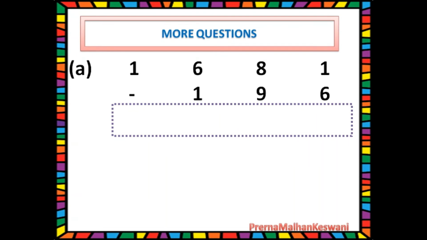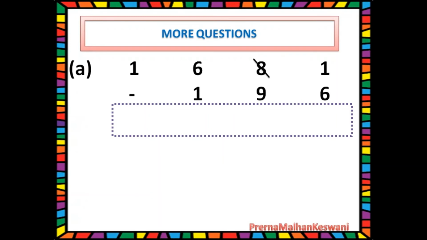Look at this A part. 1681 minus 196. So first, we will be looking at the ones column. 1 minus 6. So 6 is more than 1. That means it is more on the floor. So you have to go to the next door, that is 8.